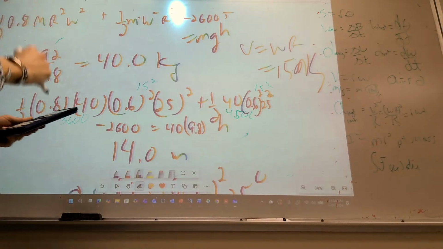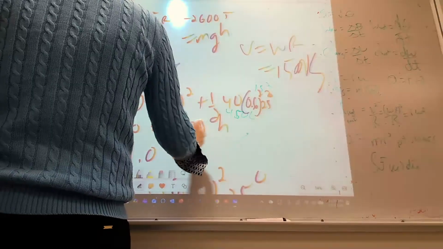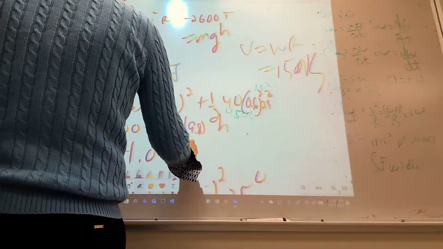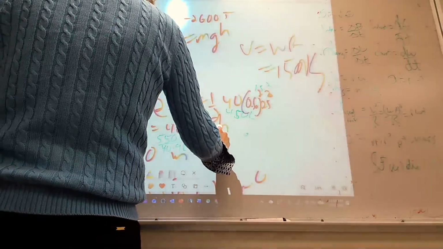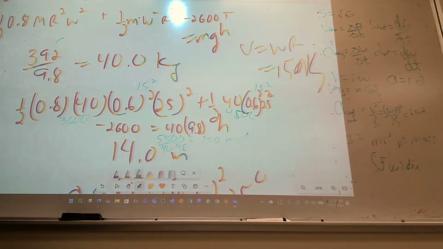Okay, so you get 5,500 on the left side of the equation, divided by 40 times 9.8 gives you 14.0 meters. All right. Okay, we're going to go to 27 after this.